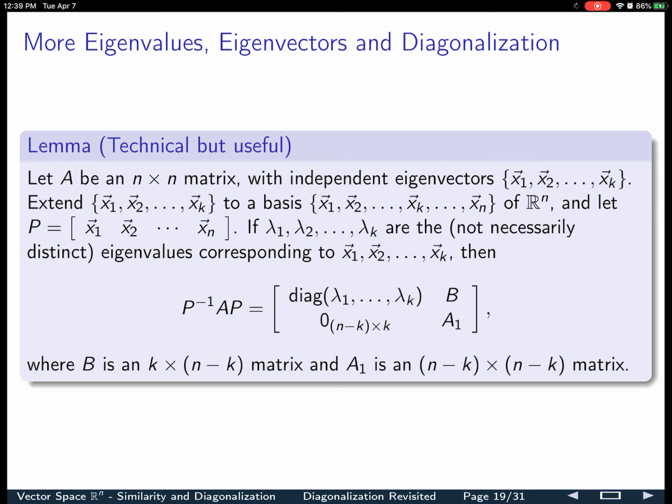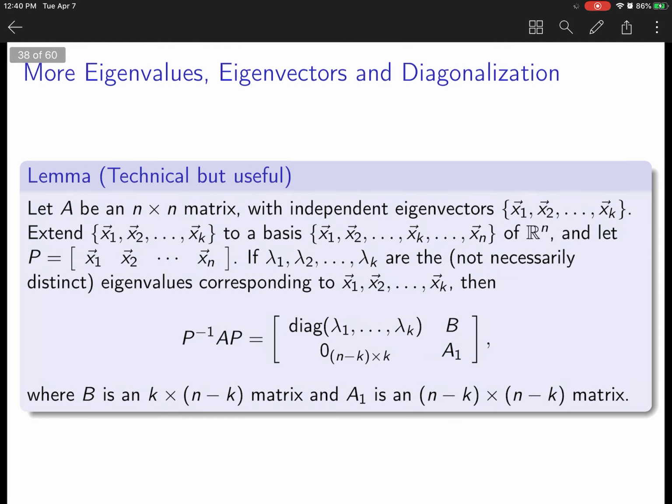And we will make that our eigenvector matrix P. And so if we had eigenvalues corresponding to the eigenvectors x1 through xk, then P inverse looks like this.